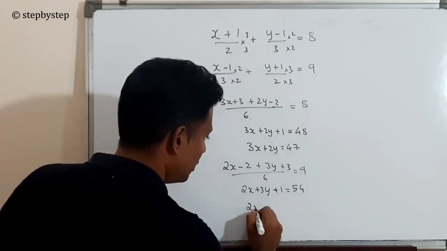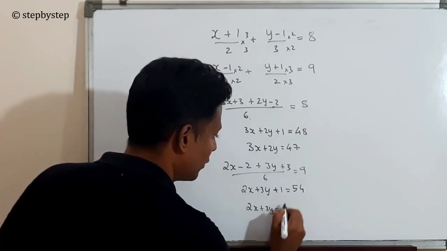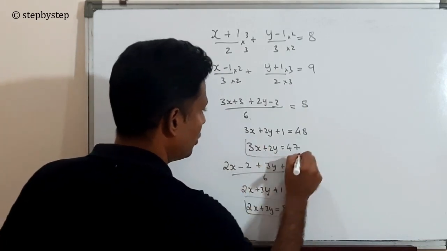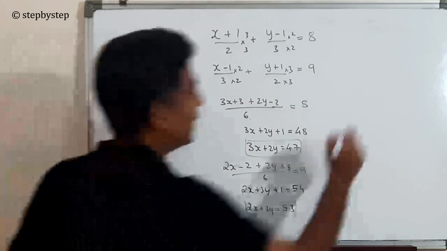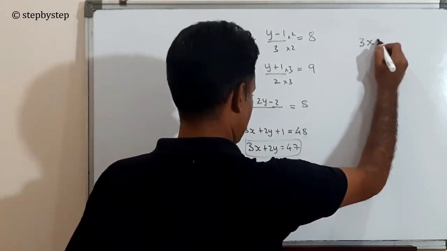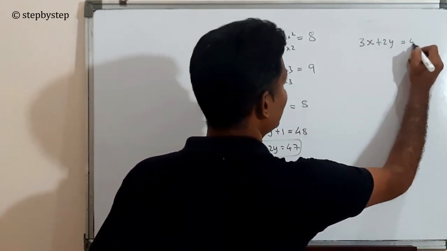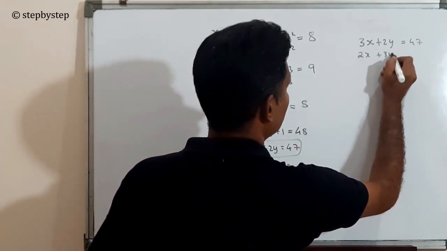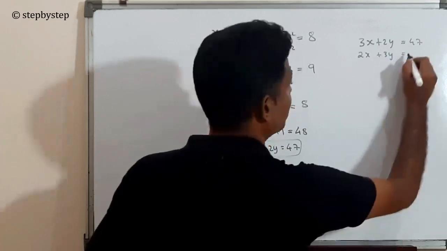So I get 2x plus 3y equal to 54 minus 1, 53. So I got the two equations, right? So I'll write it here: 3x plus 2y equal to 47 and 2x plus 3y equal to 53.